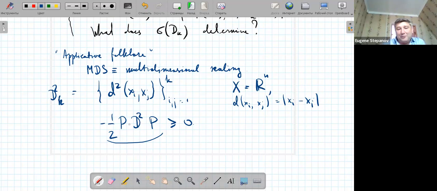Now there is something I shouldn't tell you, because you also did this work. The question is how this thing is justified. We were looking at this from quite an applicative point of view.